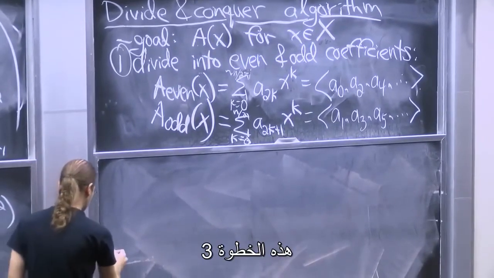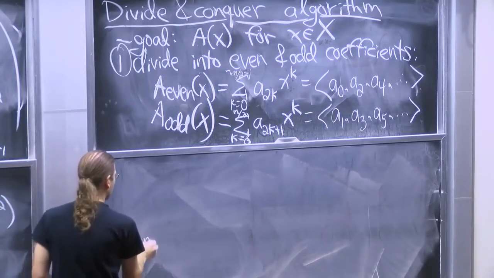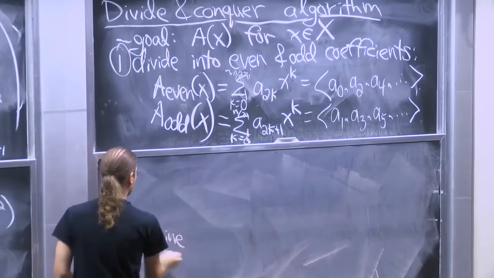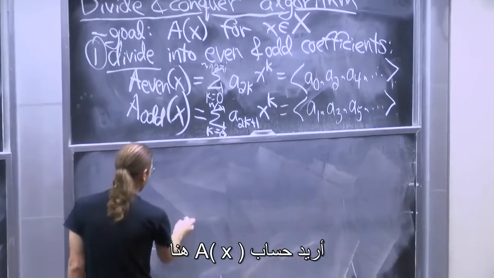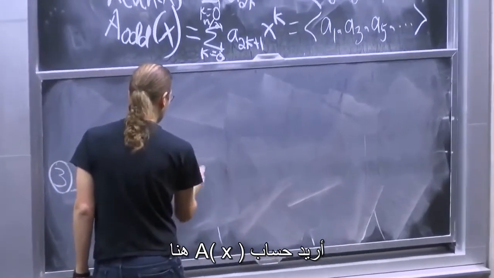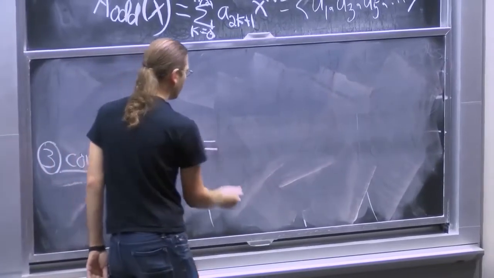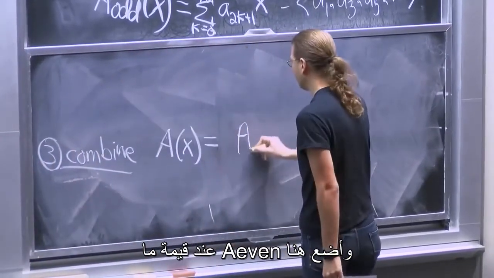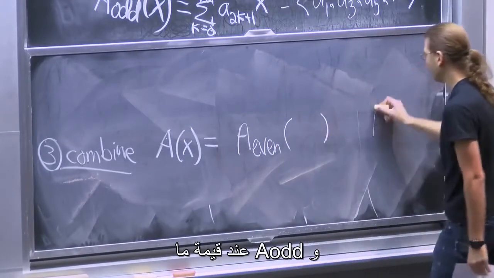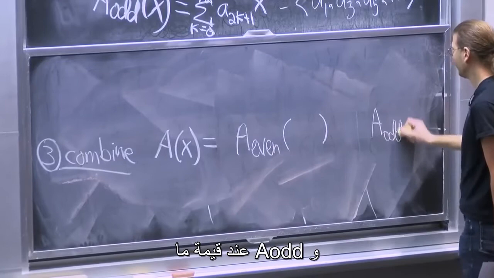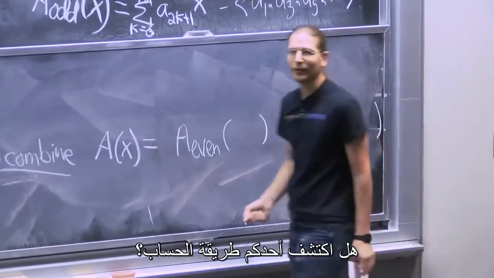So this is step 3, combine. I would like A(x) over here, and I want A_even of something and A_odd of something.